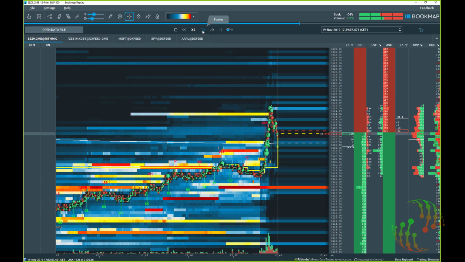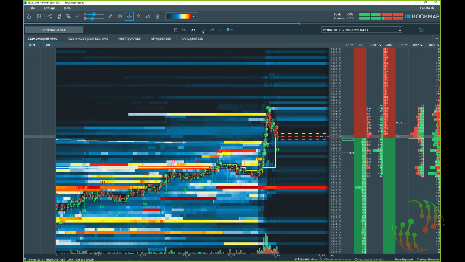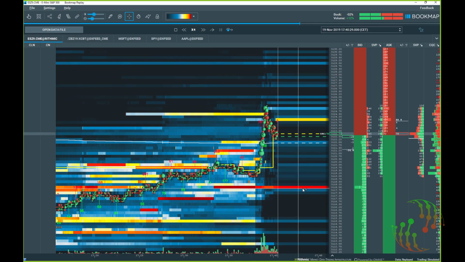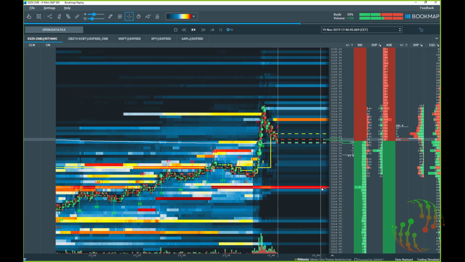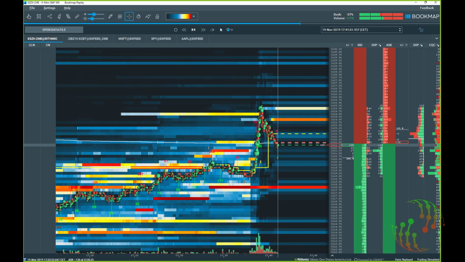Let's do it a little bit faster now here. You see liquidity is forming here. Let's do a little bit of practice. What does it mean when we have liquidity here at 24 and 18?